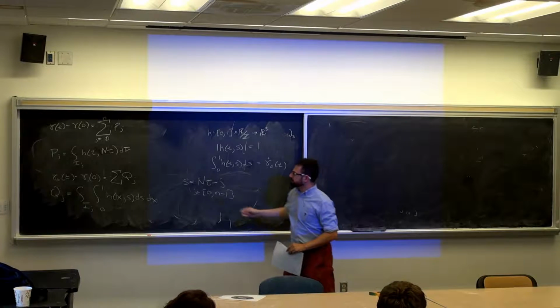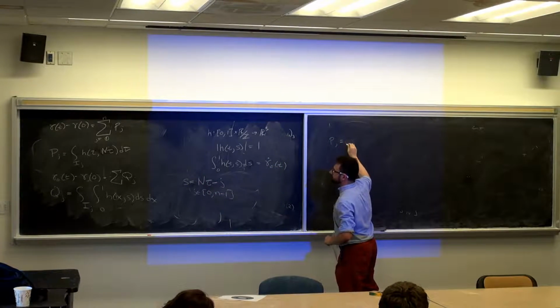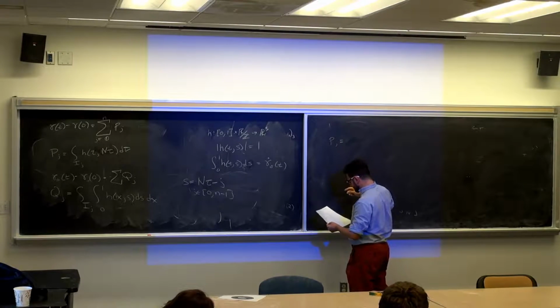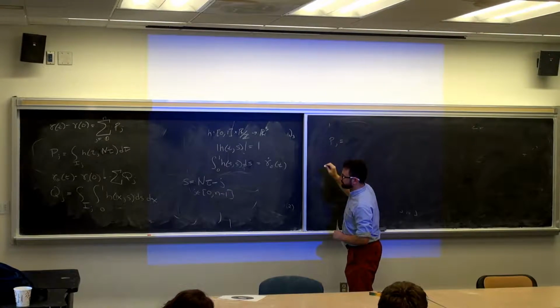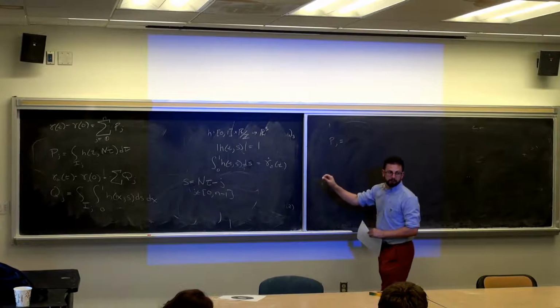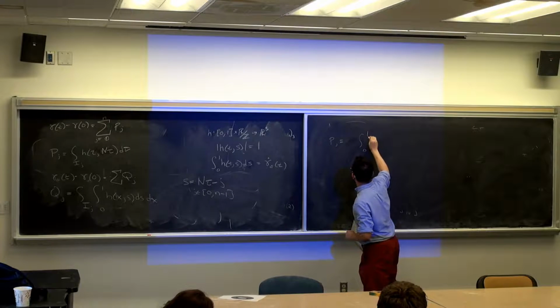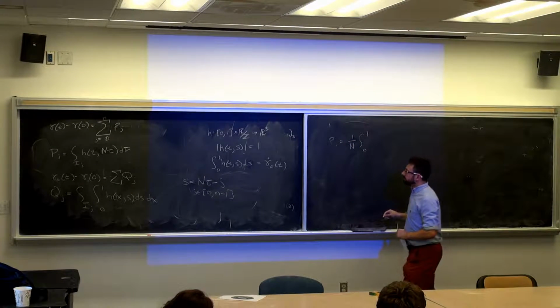And then doing the change of variables, pj is equal to the integral where tau was going over a length of 1 over n, now it's going over a length of 0 to 1. And we have this factor of 1 over n here.